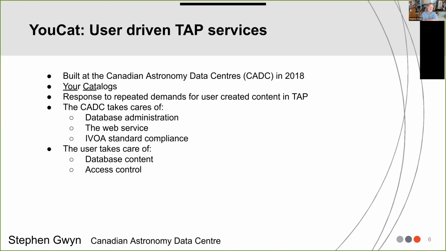So that brings us to YouCat, which is user-driven TAP services. YouCat is your catalogs. We built it at the CADC starting in 2018. It was a response to the fact that we kept getting people who wanted to release their databases, and the interface to our TAP service, if a user wanted to distribute their table, basically looked like: send an email to Stephen Gwyn.